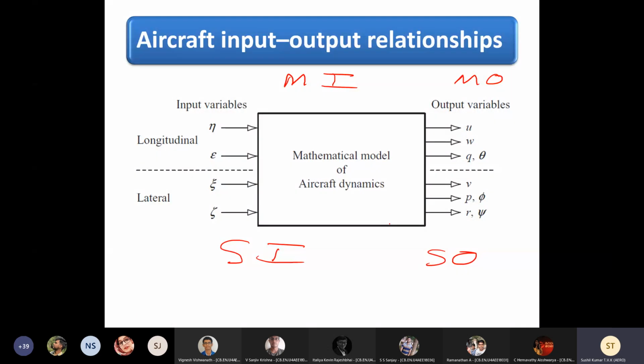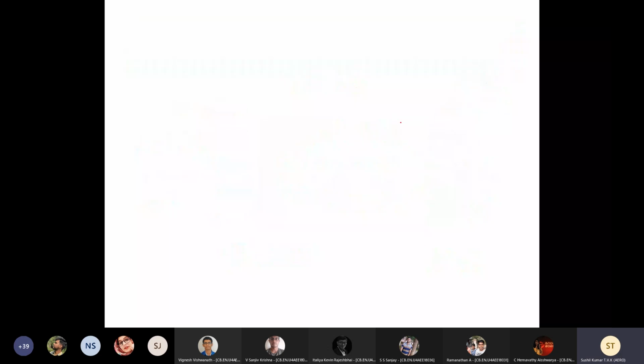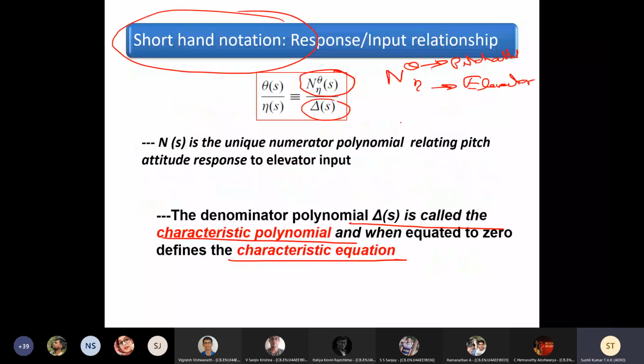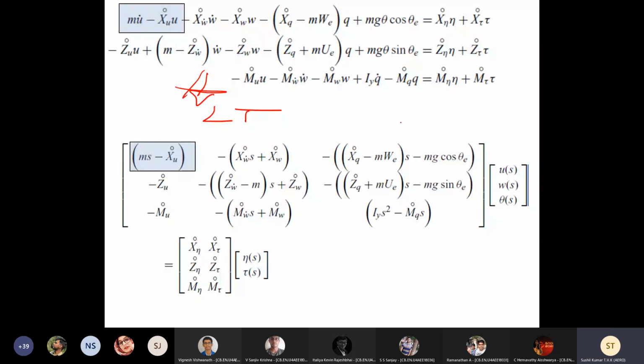We already have a set of equations, the 6 degree of freedom equations, so that goes inside the box. Now that is in the form of differential equations. If we are not comfortable, we would like to get it into transfer function form. So we took the Laplace transform of all these equations, converting it into the S domain. Now it is in algebraic form. Then we used Cramer's rule to get the transfer functions.